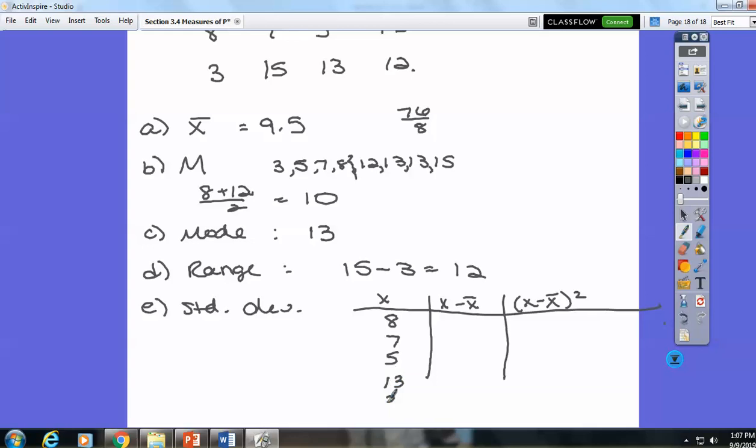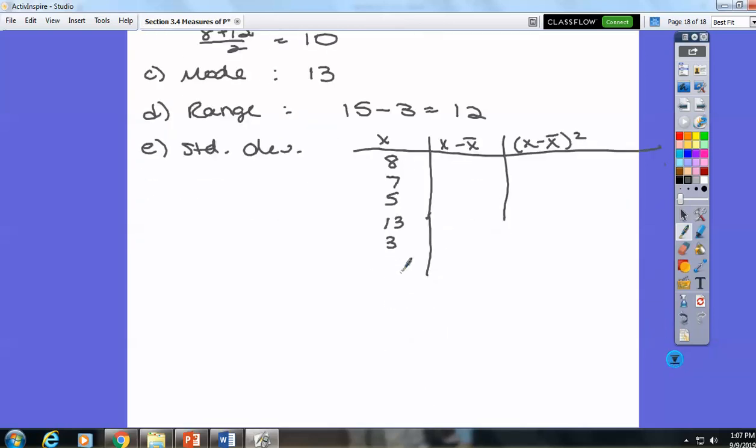Does it matter what order they're in? No.